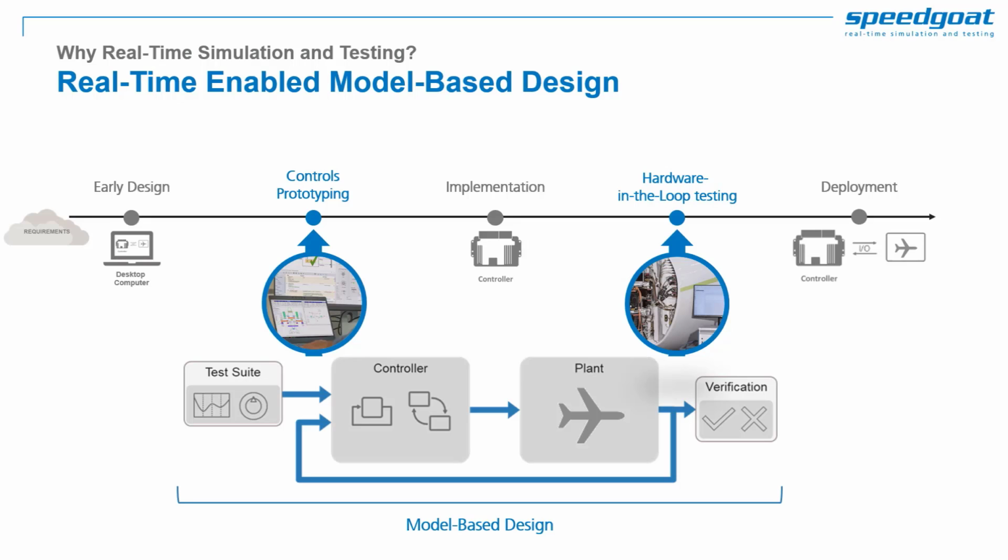After the successful implementation, you want to test your controller. This can be done using hardware in the loop testing. Since you are working partly on the actual hardware and partly on a modeled or simulated component, this part of the development process is called model-based design. You will hear more details about this in a minute.